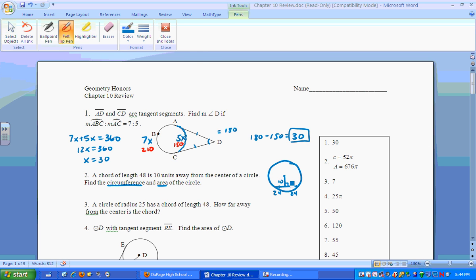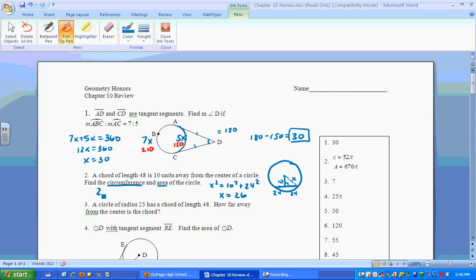So I would draw in my radius. This is what we're looking for. We'll call it x. You can do the Pythagorean theorem to figure out the missing side. Otherwise, because it's a 5, 12, 13 multiplied by 2, x ends up equaling 26, which is the radius.